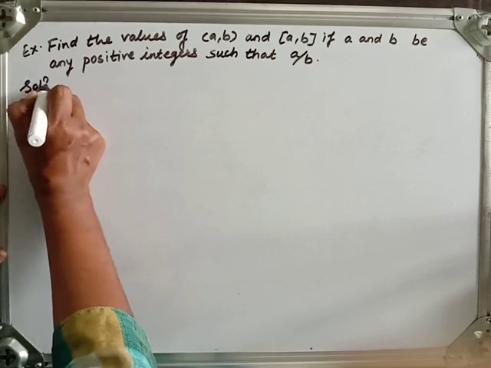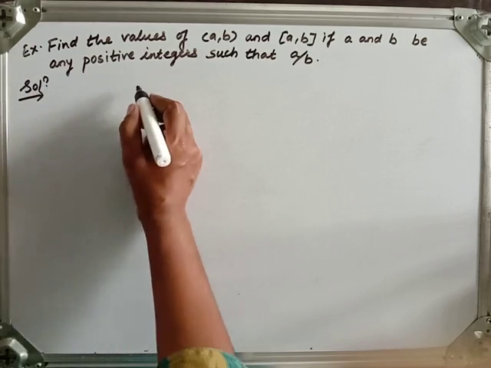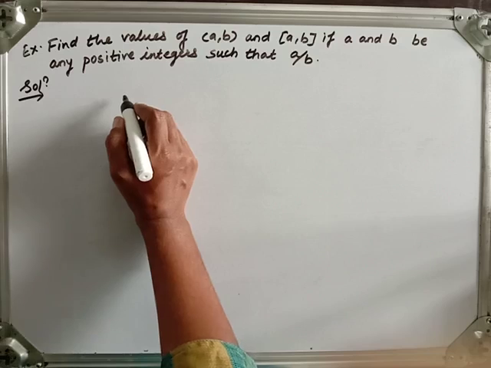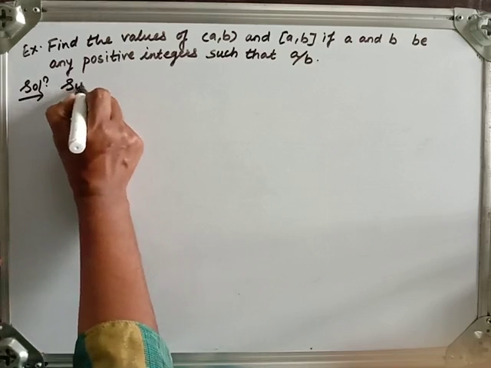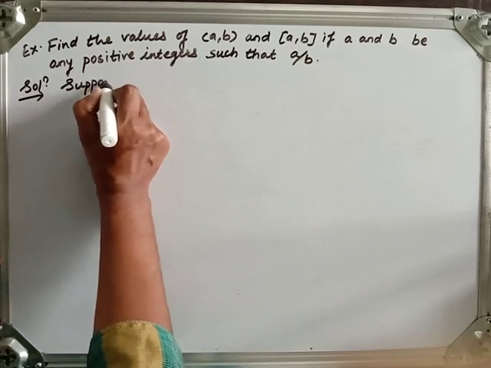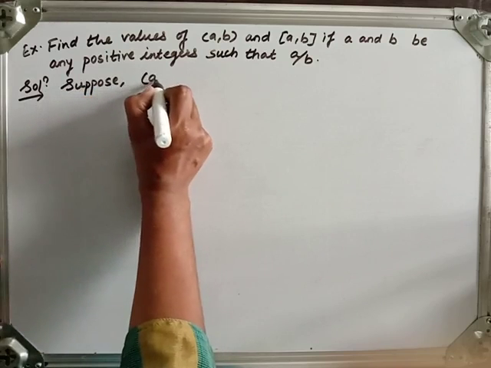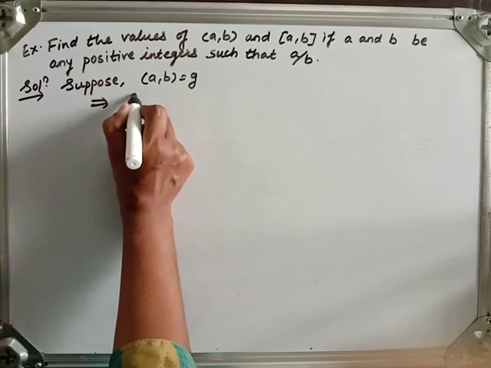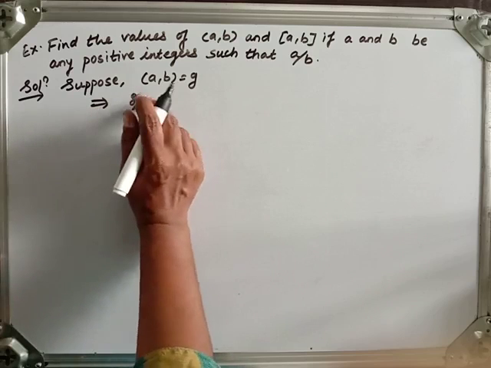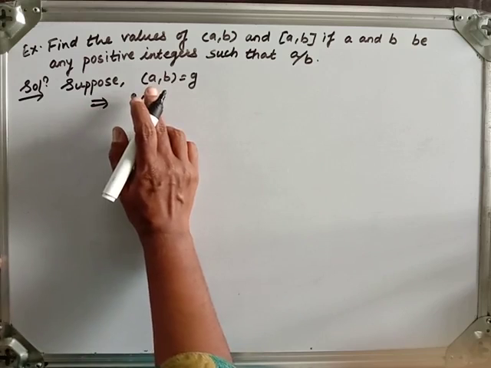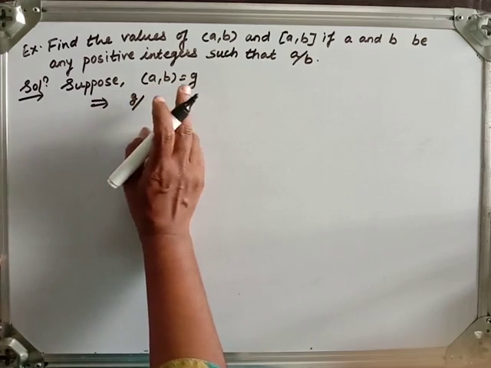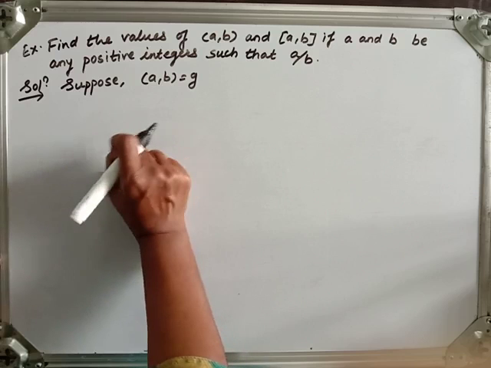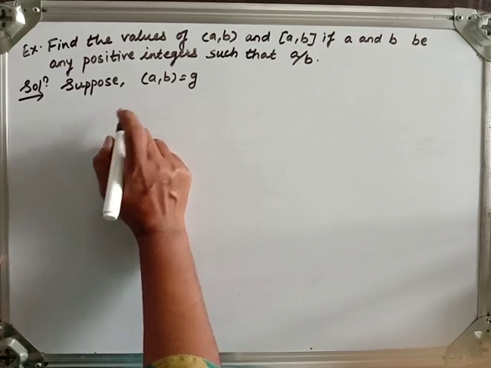So solution here, again let me assume that the GCD of A and B is G. Suppose GCD of A and B is G. So by definition of GCD, again G divides A and G also divides B. Now here we can use the linear combination theorem or the existence theorem also.